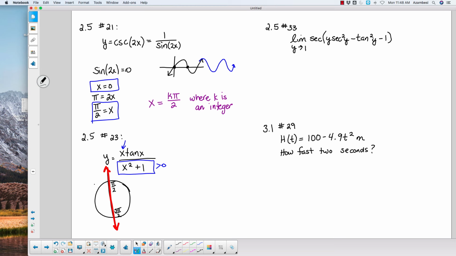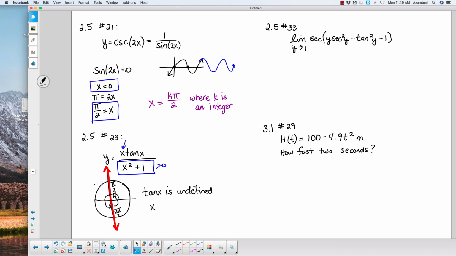But that's when our slope is vertical, so that's when tangent is undefined. So if we try and figure out how to write that, now remember, you could go around this time and hit it, you could go here and hit it, you could keep going here and hit it, and you still go into those undefined places.